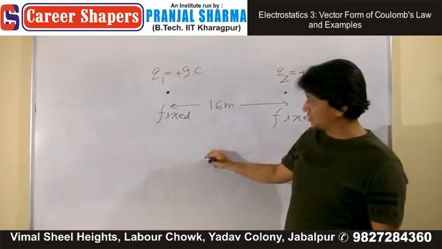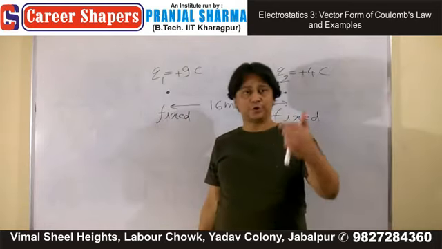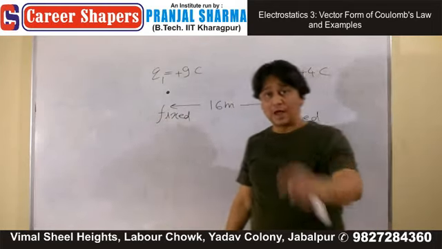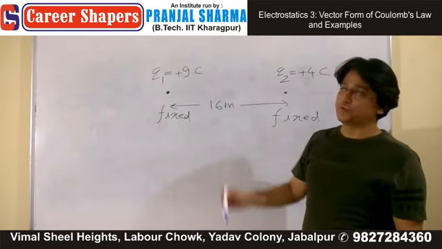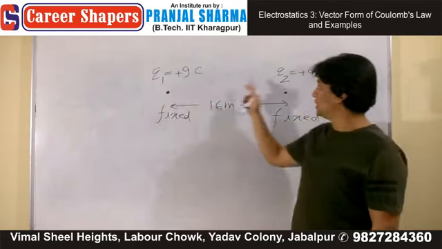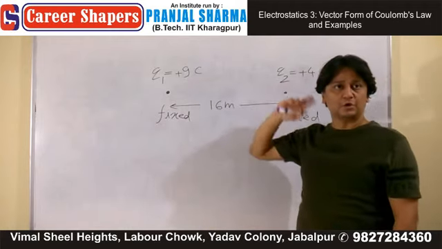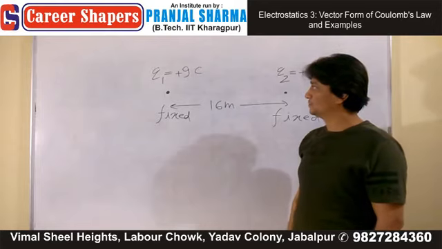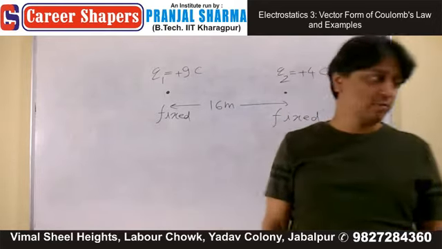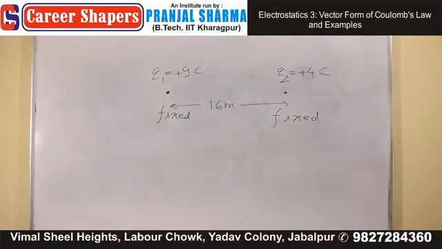Where should you place it so that the net force on the third charge, meaning the force coming from Q1 and Q2, total force becomes 0? Take your time, should not take more than 1 minute. Let's see how many of you will answer it.